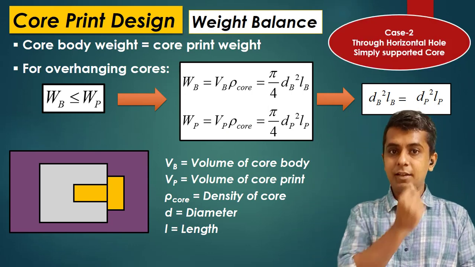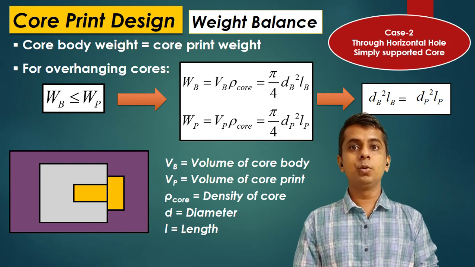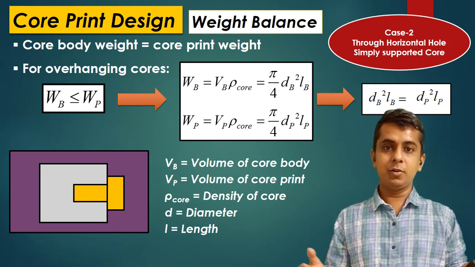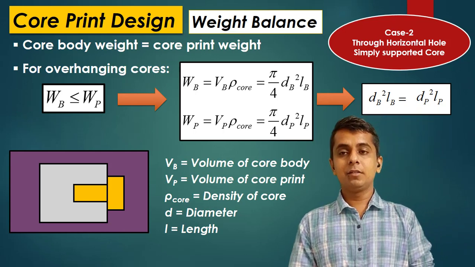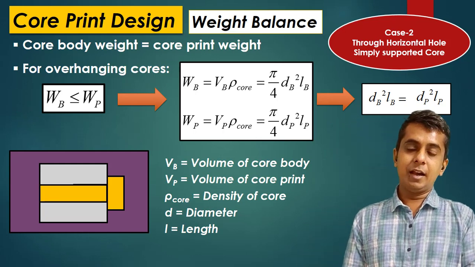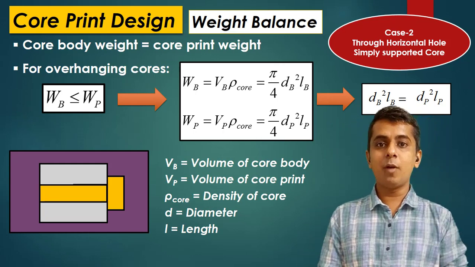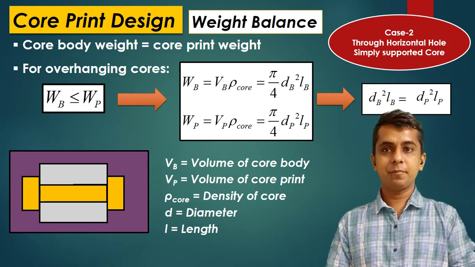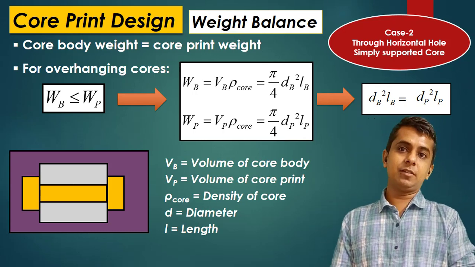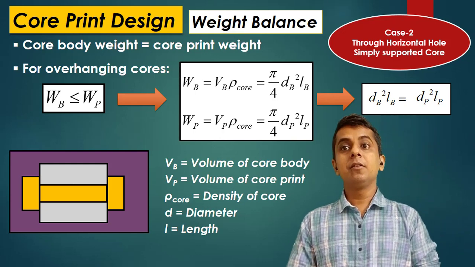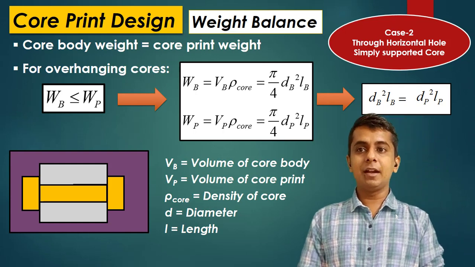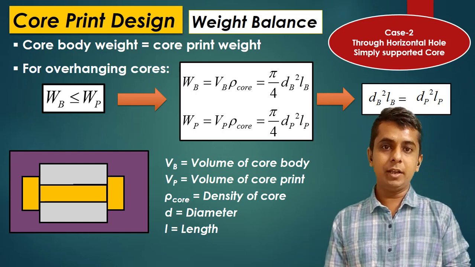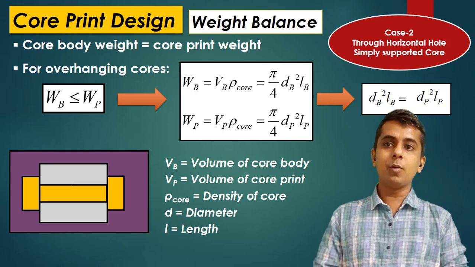Now there is another case, if the hole is a horizontal through hole. Instead of a blind hole, suppose there is a through hole, then your core will be like this, and for this type of core you have to provide a print on both sides. So what will be the change in the weight balance criterion? Your consideration is that the weight of the body and the weight of the prints should be balanced.